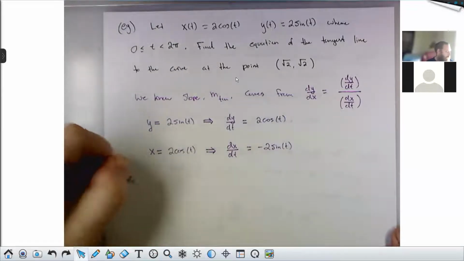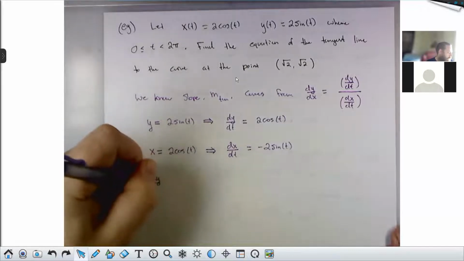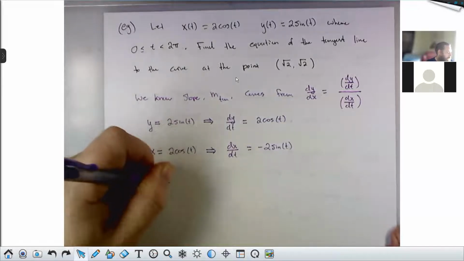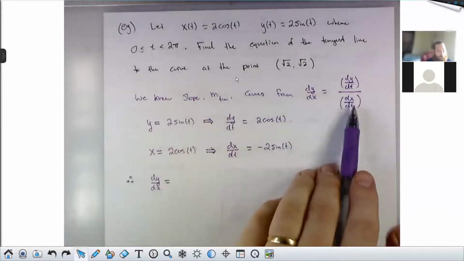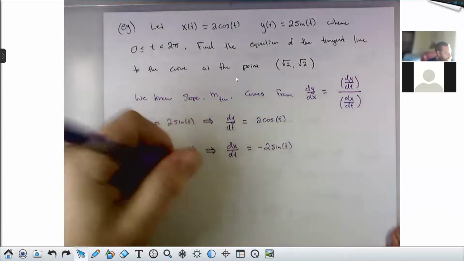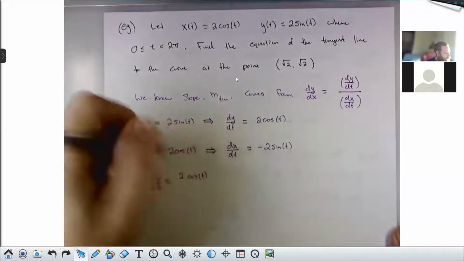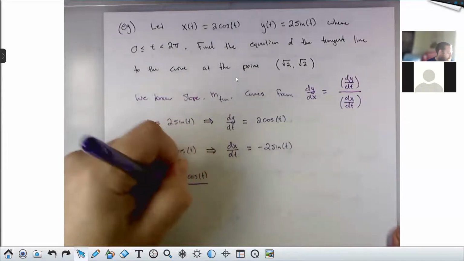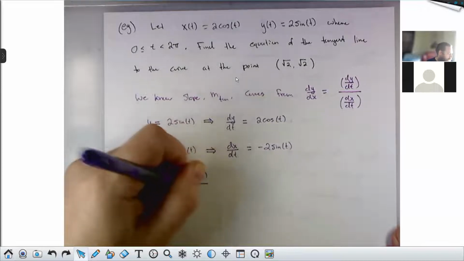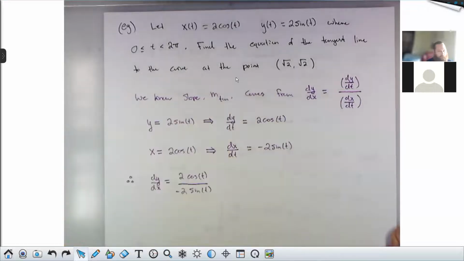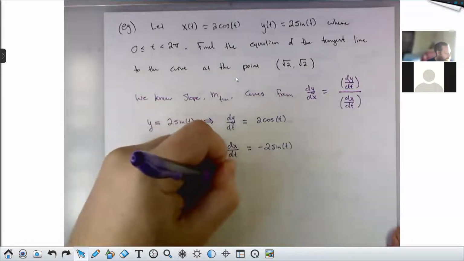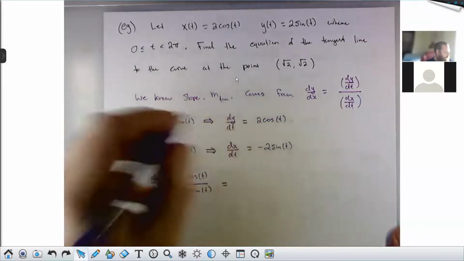Therefore, dy dx is going to be dy dt over dx dt, which is 2 cos t divided by negative 2 sine t. The 2's cancel, the negative pops out, and cosine over sine is cotangent.